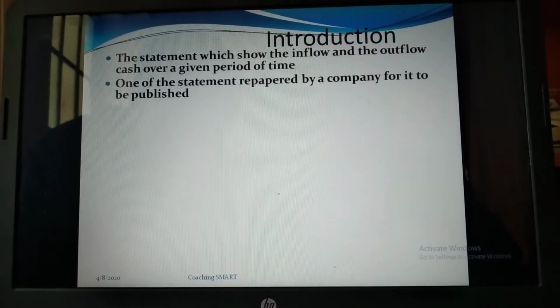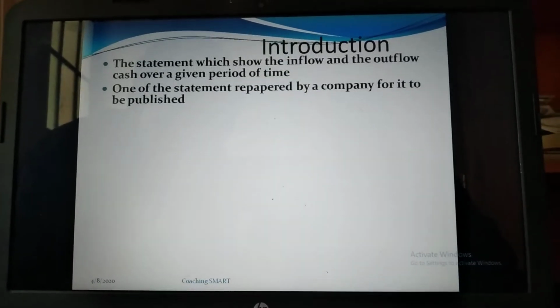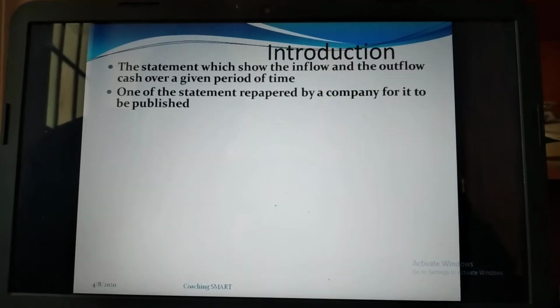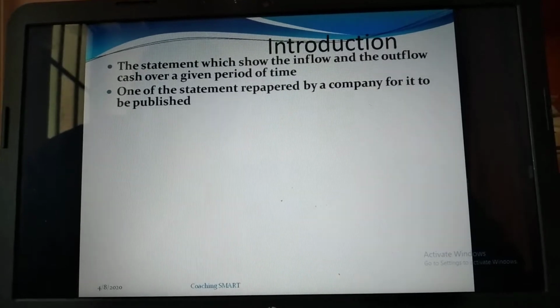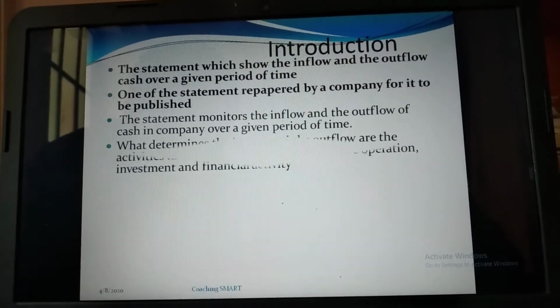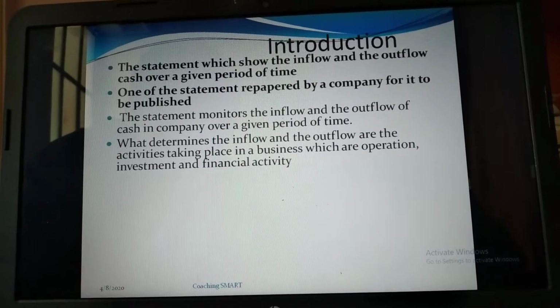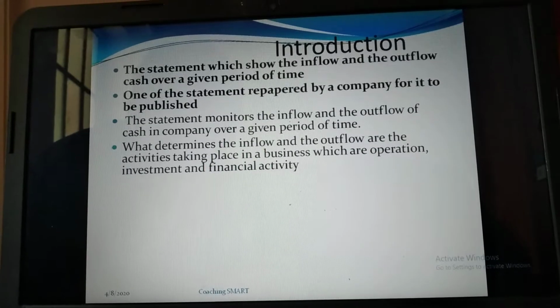Now, what is cash flow statement? The statement which shows the inflow and the outflow of cash over a given period of time. One of the statements prepared by a company for it to be published. The statement monitors the inflow and the outflow of cash in a company over a given period of time.